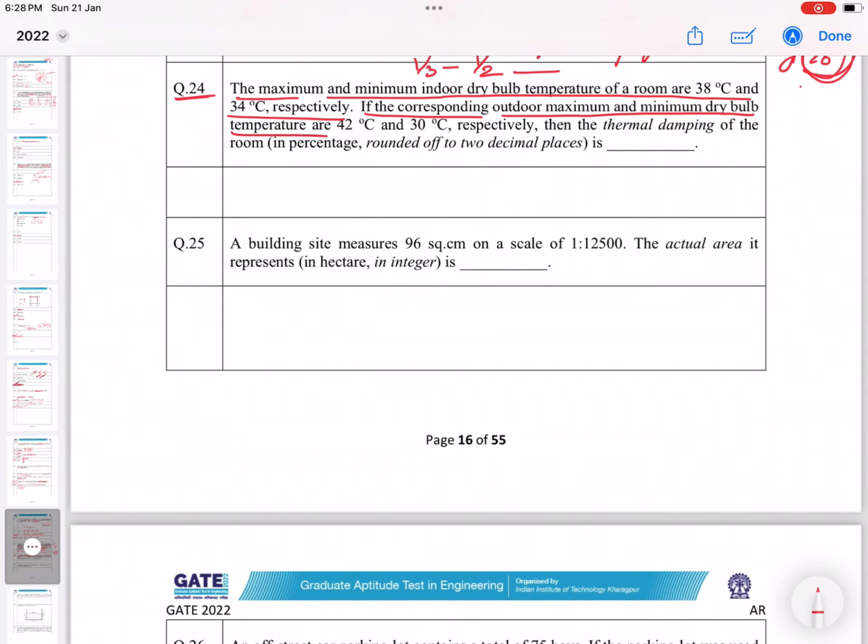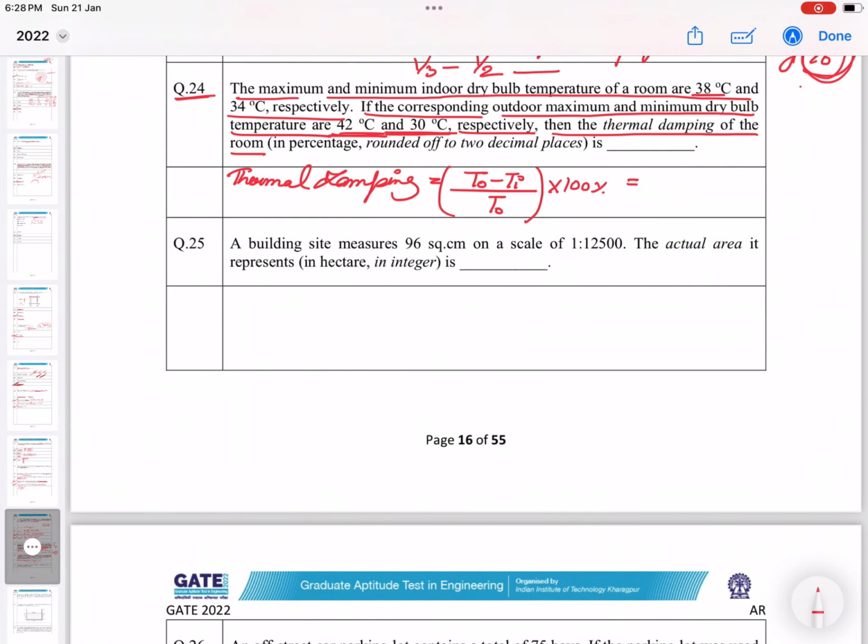If the corresponding outdoor maximum and minimum dry bulb temperature are 42 degrees Celsius and 30 degrees Celsius respectively, then find the thermal damping of the room. Now, what is thermal damping? Just write it. Thermal damping equals (TO minus TI) upon TO, and that is expressed as a percentage.